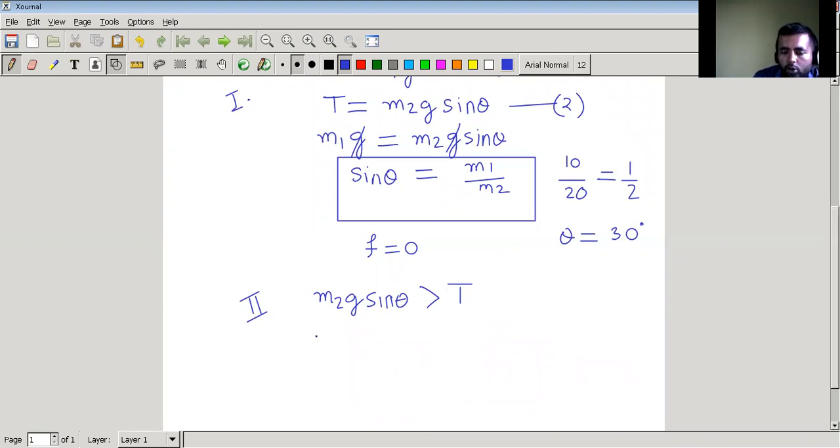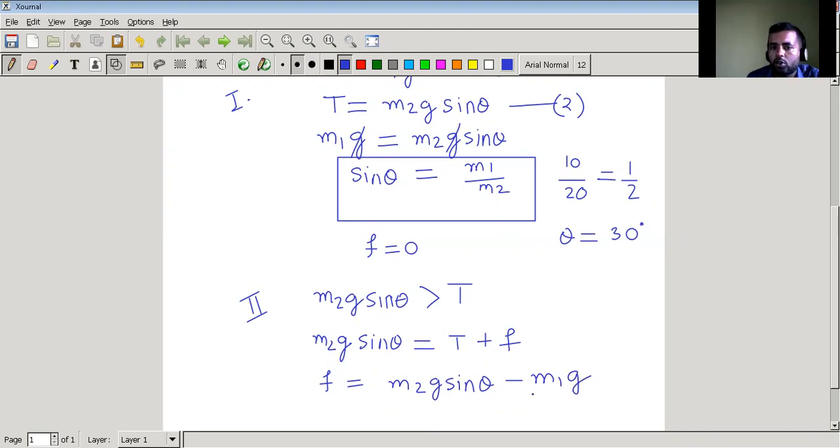So for equilibrium, M2G sine theta will be equal to T plus F friction. If you put the value, friction will be equal to M2G sine theta minus T. T we all know is M1G. So this is the value of the friction.